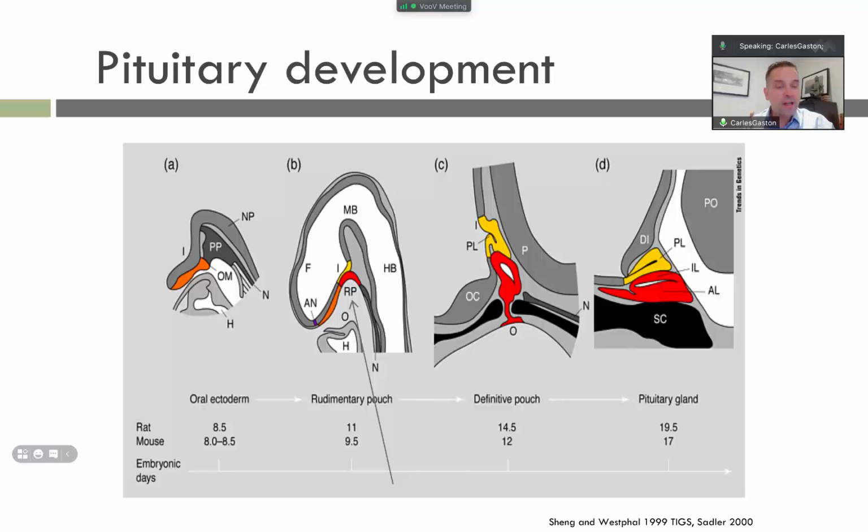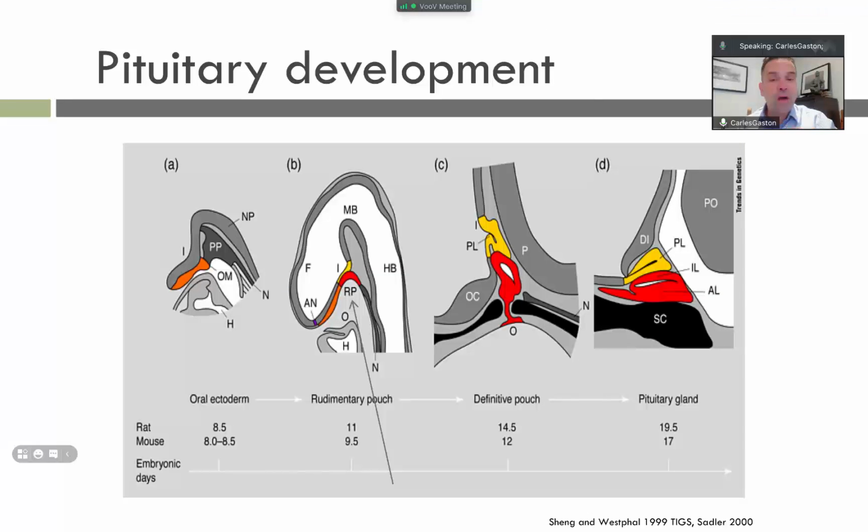And finally, at a later stage, almost at birth, we can see the three lobes of the pituitary gland. The three lobes are the posterior lobe, as we said, in yellow, which contains the CNS and the axons, and the anterior in red that contains the intermediate lobe and anterior lobe.